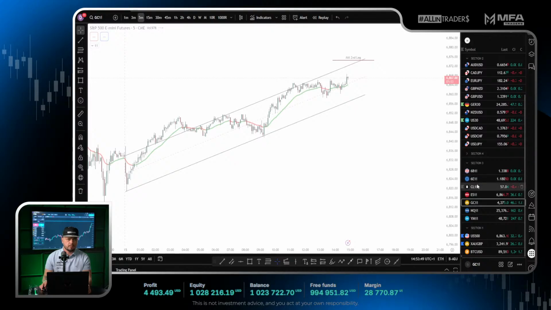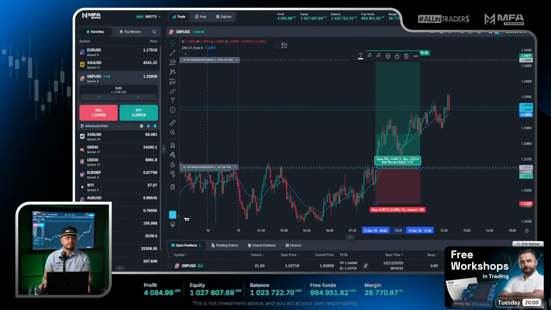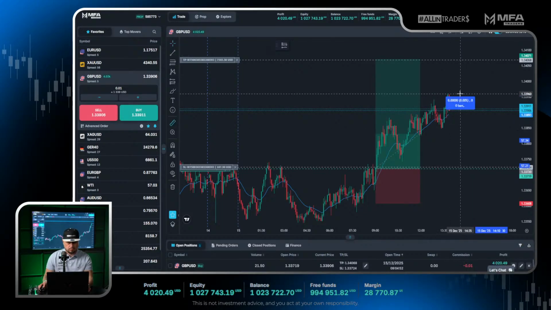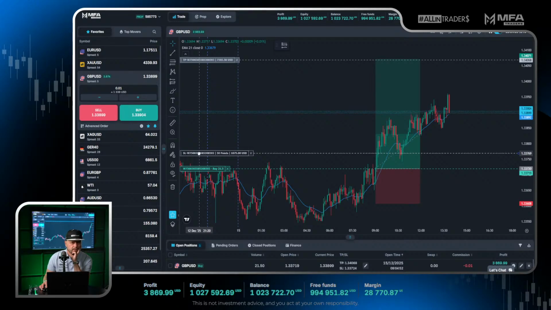Gold. Can we do something on gold at this moment? Let me just check. With 23 pips, I think we can secure some of the trades, maybe another $1,000. Why not?